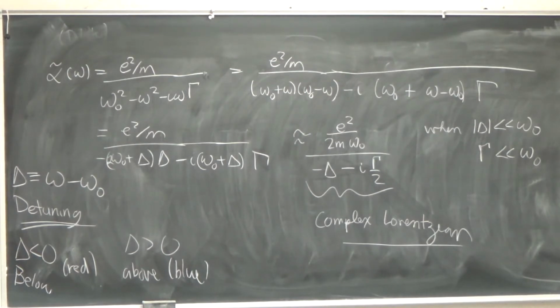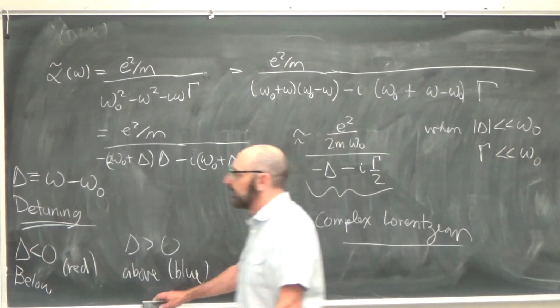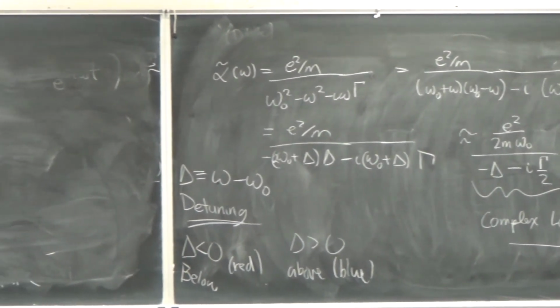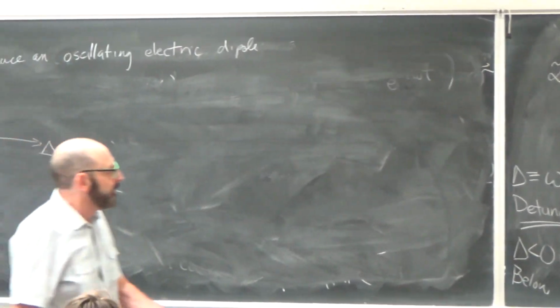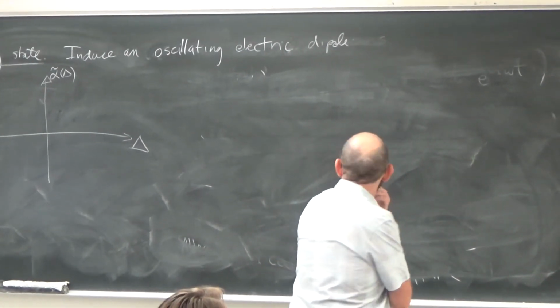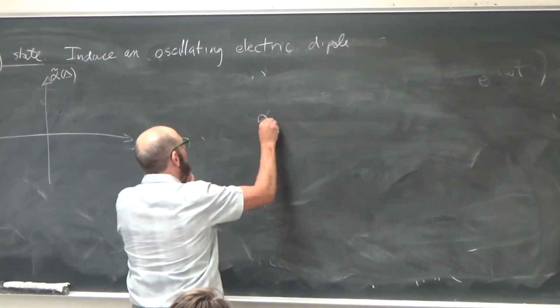So I think about alpha now as a function of the detuning. Let's, in the last few minutes, sketch that. So, firstly, we need to express this thing in terms of its real and imaginary parts.